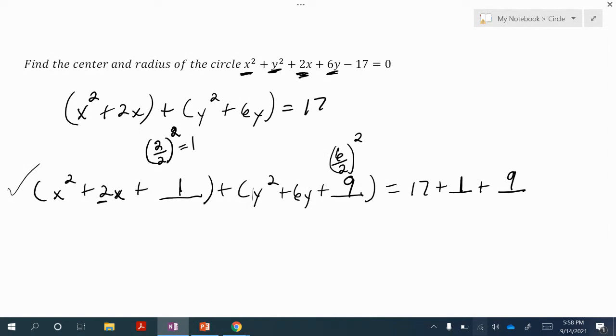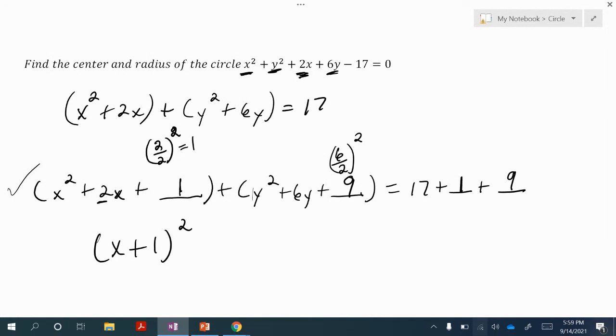So now if we look on the left-hand side at our very first term, in this case, because we're using a set of parentheses, x squared plus 2x plus 1 can be factored as x plus 1 quantity squared. So that means if you were to take x plus 1 and multiply x plus 1, you would get x squared plus 2x plus 1, right?